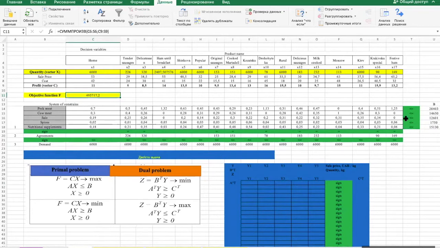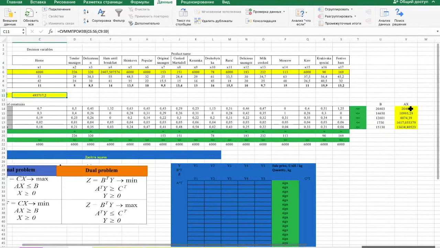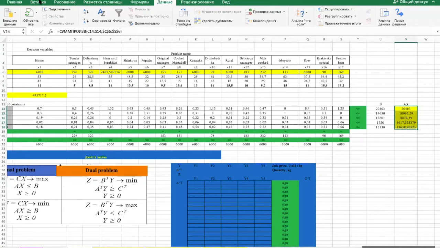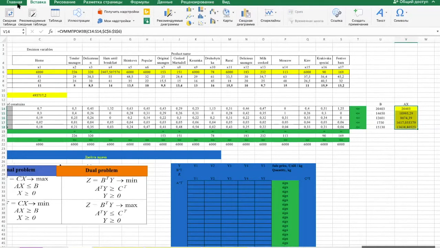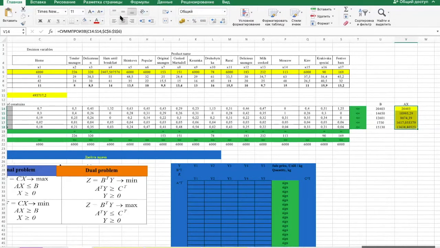Then we also have information about our resources, which we use to produce this optimal plan. You can see that none of these values exceeds the available quantities of each kind of resource which we have according to our data set.